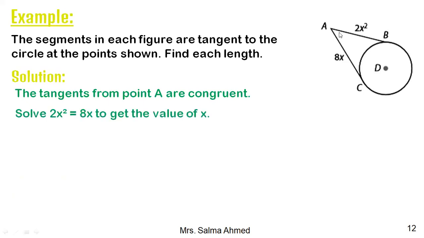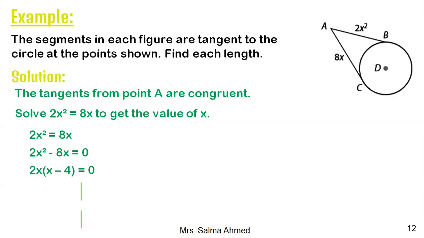So 2x squared equals 8x. I move 8x to the other side, so 2x squared minus 8x equals 0. I take 2x common outside: 2x times (x minus 4) equals 0.